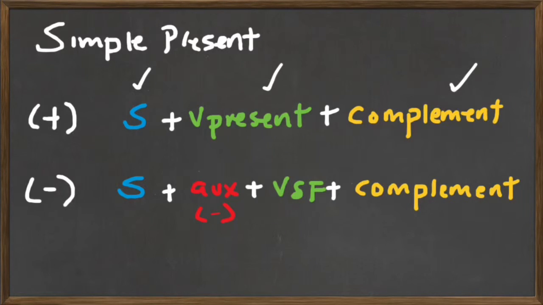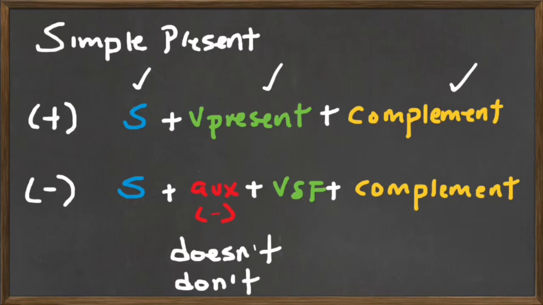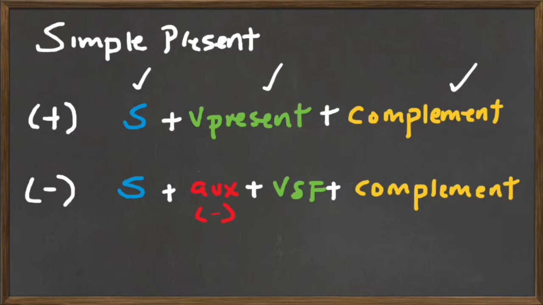In the negative, we have exactly the same, but in the middle, between the subject and the verb, we have an auxiliary. What auxiliary? Well, that auxiliary will be doesn't, let me write it for you: doesn't for he, she, it, and don't for we, you, they, and I. If we're using the verb to be, we need am, are, or is.